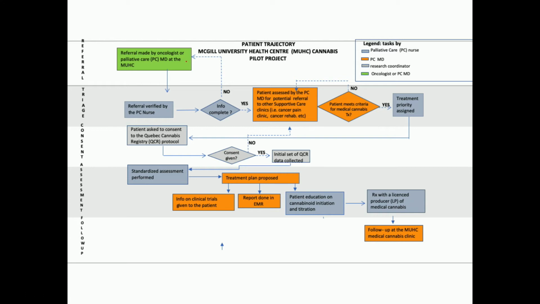We were asking these patients to sign an informed consent to participate. Very important, that was considered a research project. So the patient had to sign an informed consent, and then we did our assessment, we proposed our plan, and we'll see how that goes. And then the patient was followed up over time.